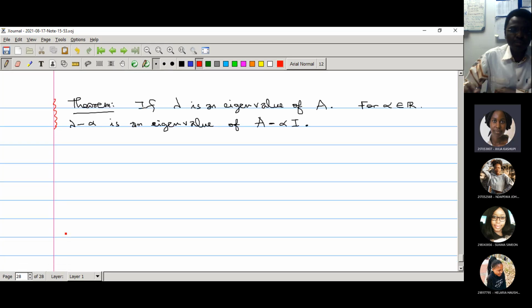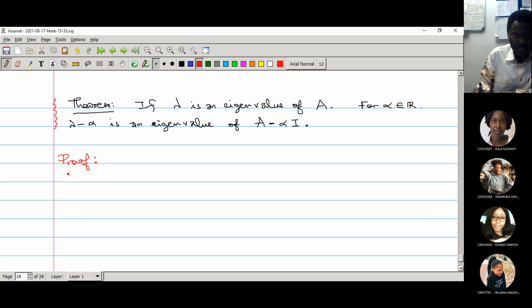Okay, now let us prove this. Maybe from there you will see. If you try to prove this, you will understand what it means. Lambda is an eigenvalue of A, what does that mean?